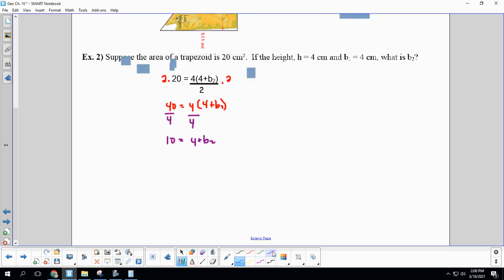We subtract 4 from both sides, and b2 is equal to 6 centimeters. Yay. This is the scenario where you have the area and you want to find one of the bases. So again, recap: we divided by 2, divided by 4, subtracted 4, and got our answer.